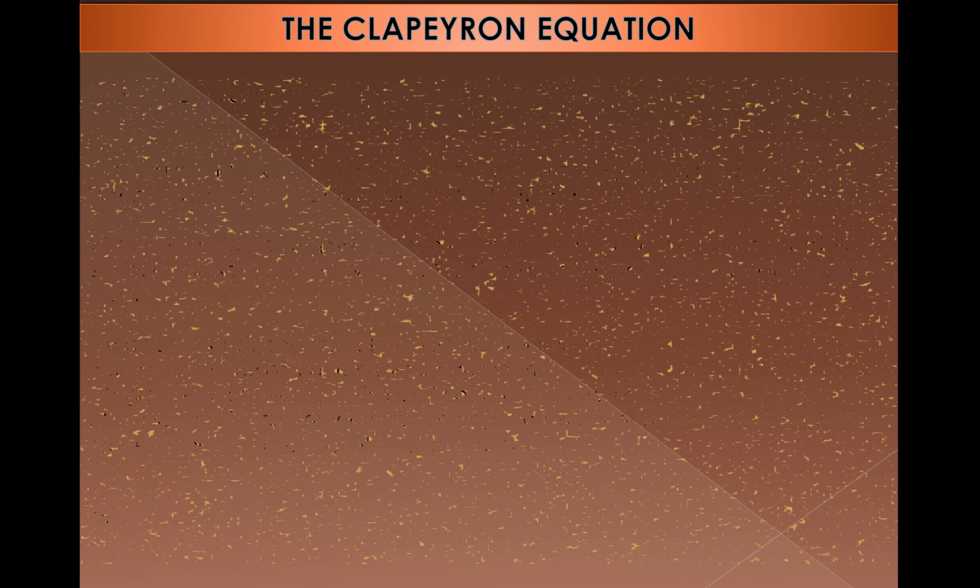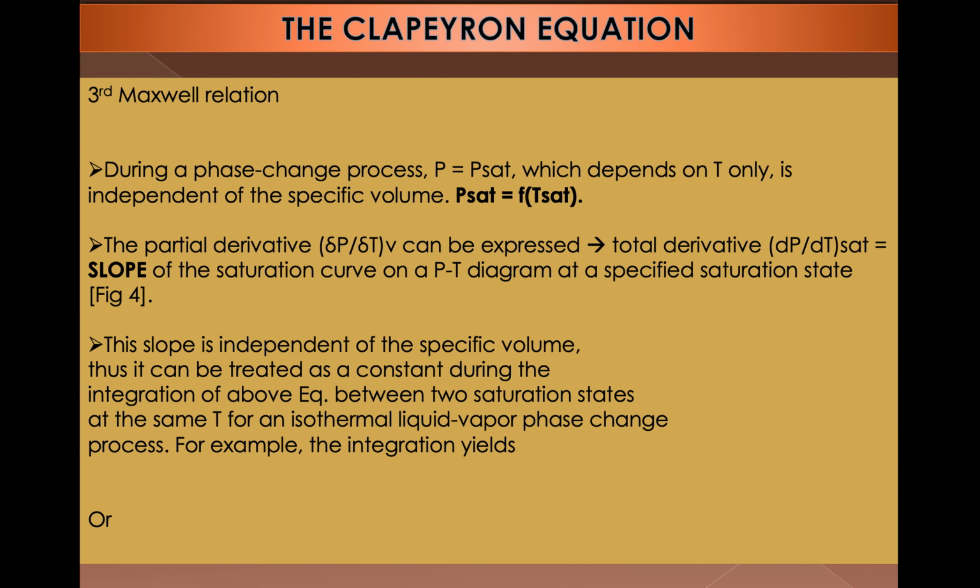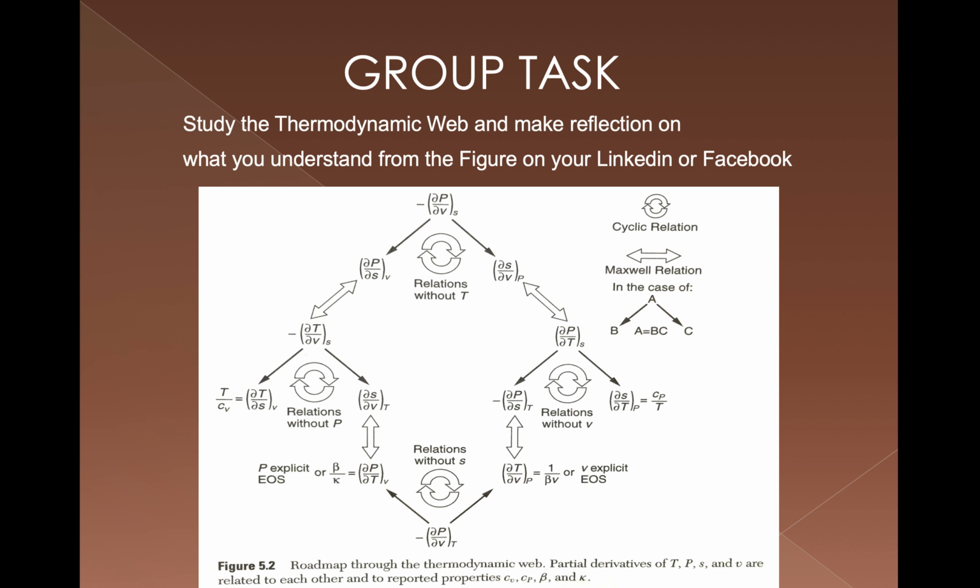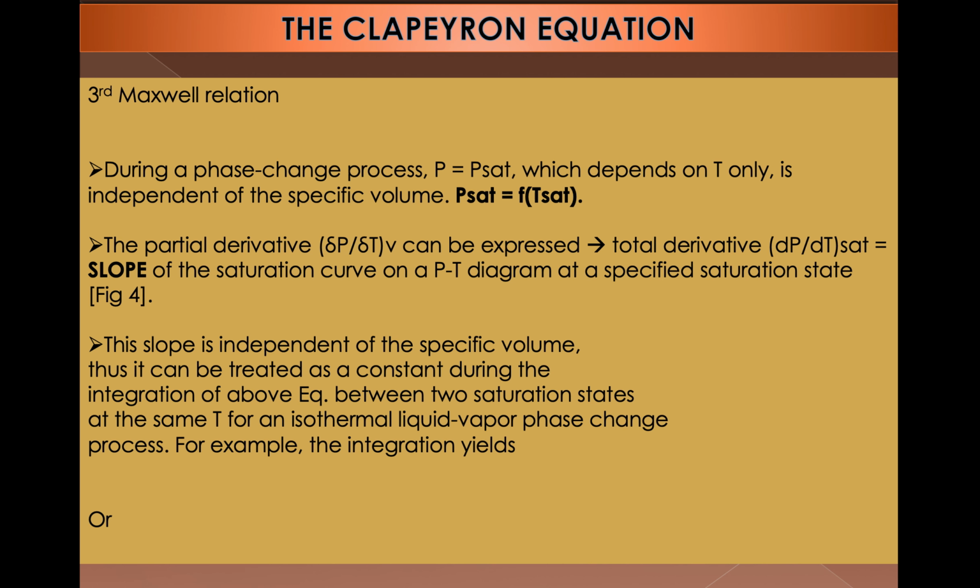Clapeyron equations. Basically, this is according to the third Maxwell relation, because during a phase change process, P at P saturated depends on T only and is independent of the specific volume.